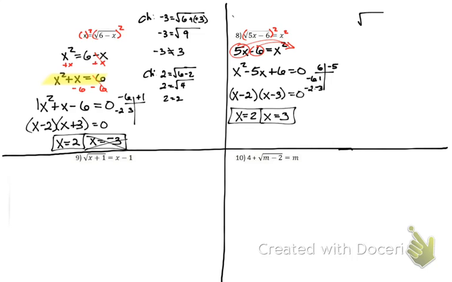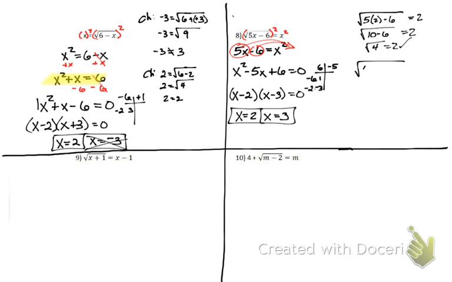So I go here to check. I see the square root of 5 times 2 minus 6 equals 2. So that's the square root of 10 minus 6. 10 minus 6 is 4, so square root of 4 equals 2. That is correct. So 2 works. And then I check 3.